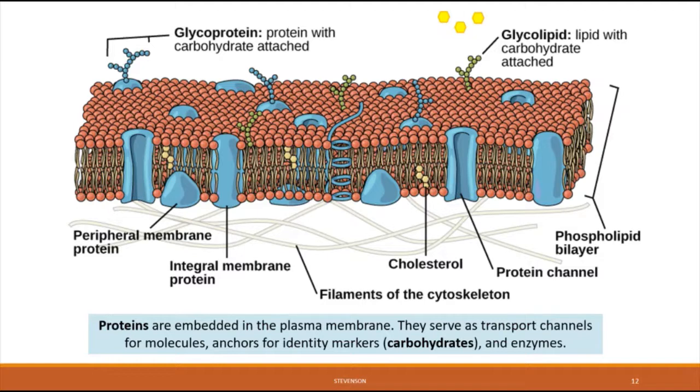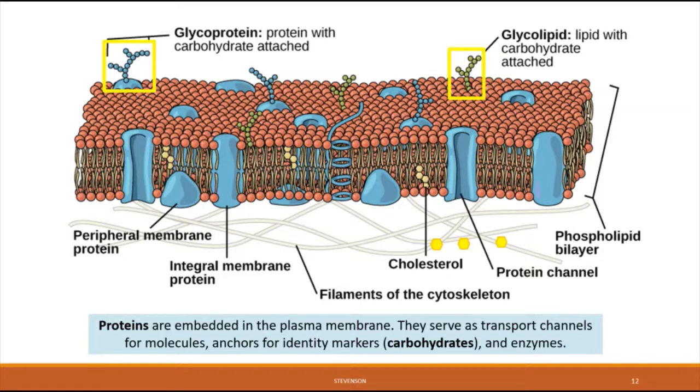Proteins are extremely important in the membrane. They perform a variety of functions. Some of them serve as channels that are responsible for transporting molecules in and out of the cell. Other ones serve as anchors for carbohydrates that may be identity markers for the cell. And you can see those highlighted in the yellow boxes here.